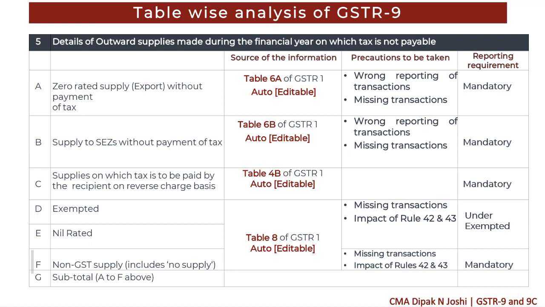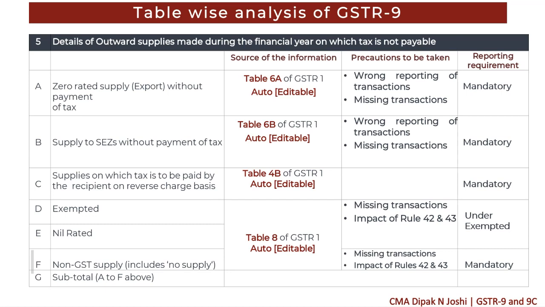Table 4 is applicable only in case of outward supply on which tax is payable. Table 5 is applicable in respect of outward supply on which no tax is payable. So, table 5A prescribes information of zero rated supply without payment of tax.